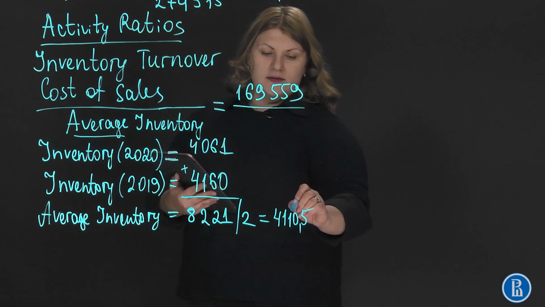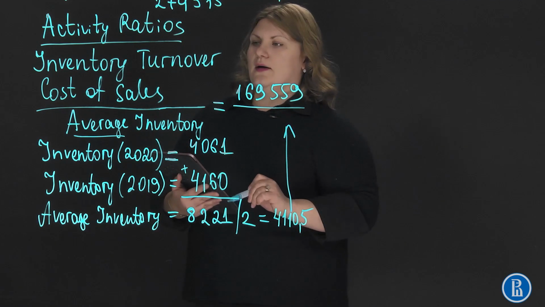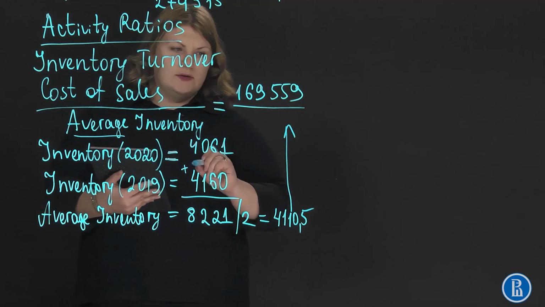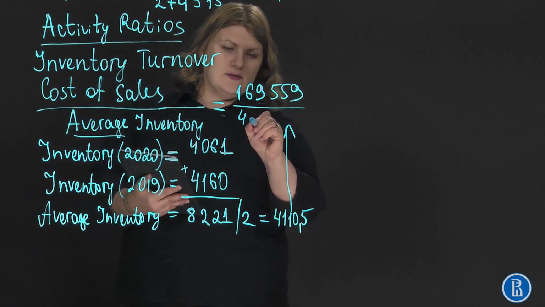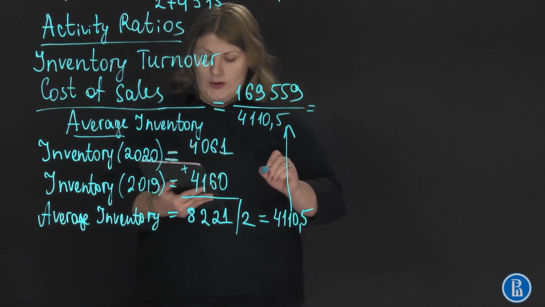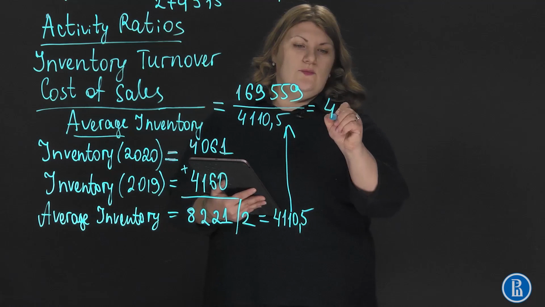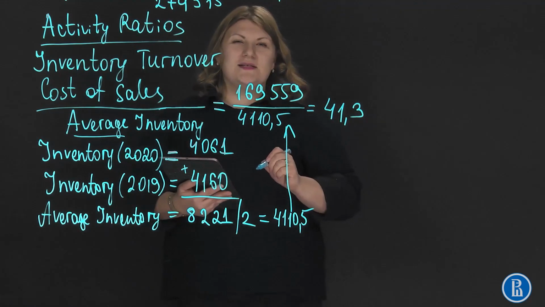And this directly goes to our calculations for the inventory turnover, to the denominator, 4,110.5. Now, what you should get here will be 41.3. What does this mean?